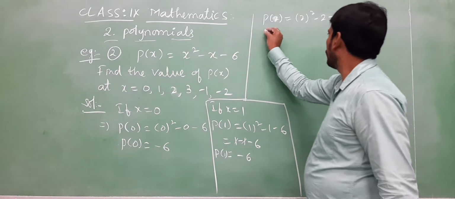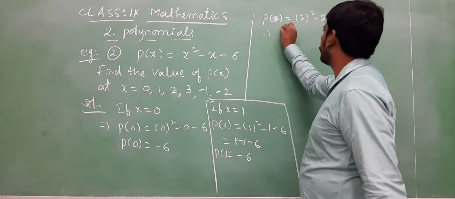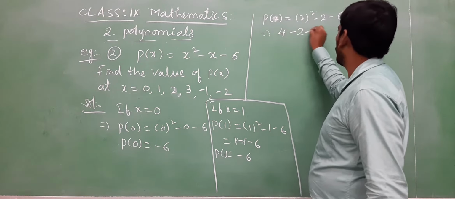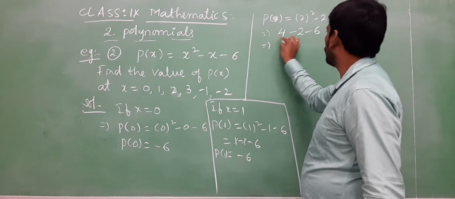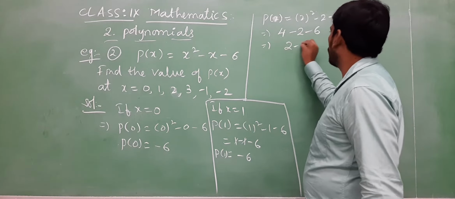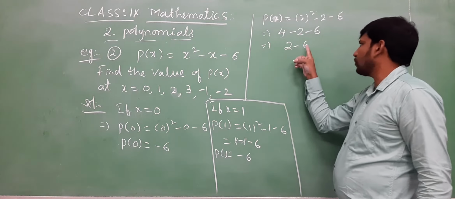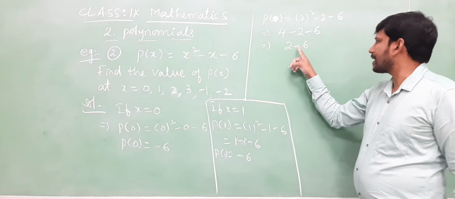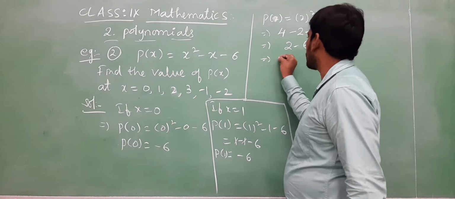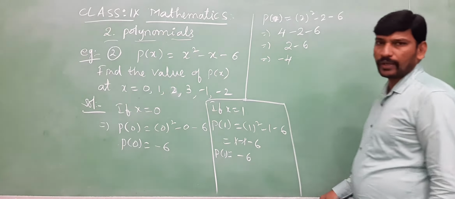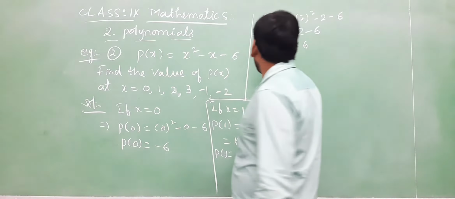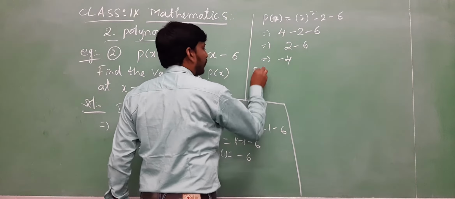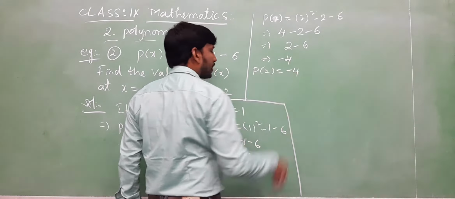Clear, children? 2 squared is 4, minus 2, minus 6. Now 4 minus 2 is 2, minus 6. One is positive, one is negative. The bigger value has the negative sign. We get the answer as minus 4. Okay, so p(2) is minus 4.